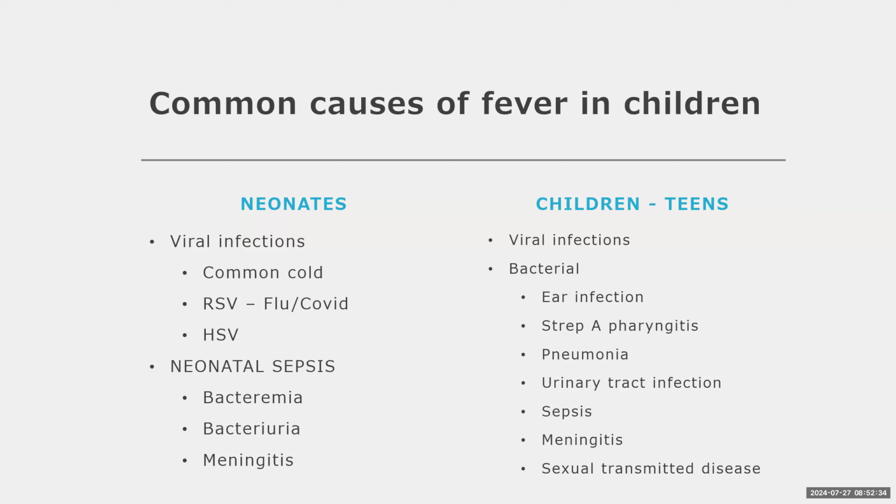What we worry about is bacteremia, or bacteria in the blood, bacteriuria, bacteria in the urine, or sometimes we call it UTI, or urinary tract infection. And then the last one is meningitis, which is bacteria in the CSF.